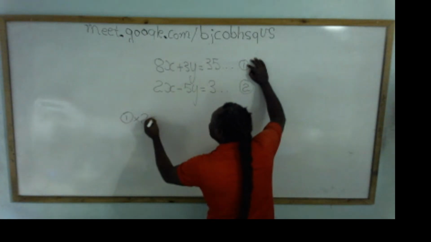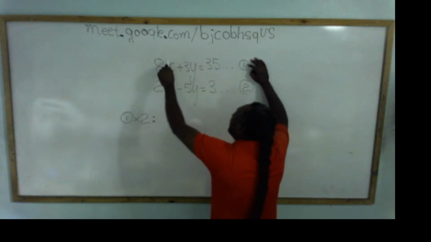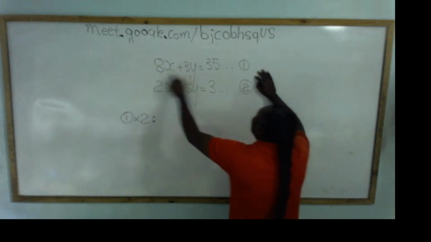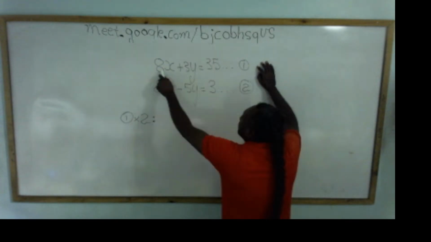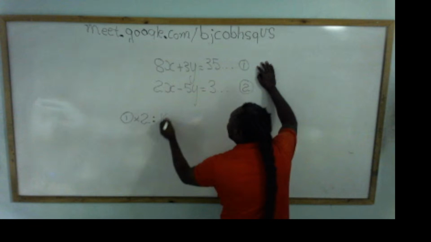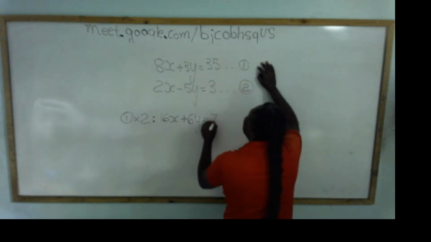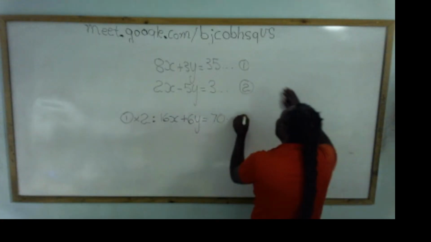So they take the equation that we have up here, and we multiply by the number that is here. By so doing, if we multiply the entire equation by 2, we'll have 2 8s, 16x, plus 2 3s, 6y is equal to 70, and that will be your third equation.